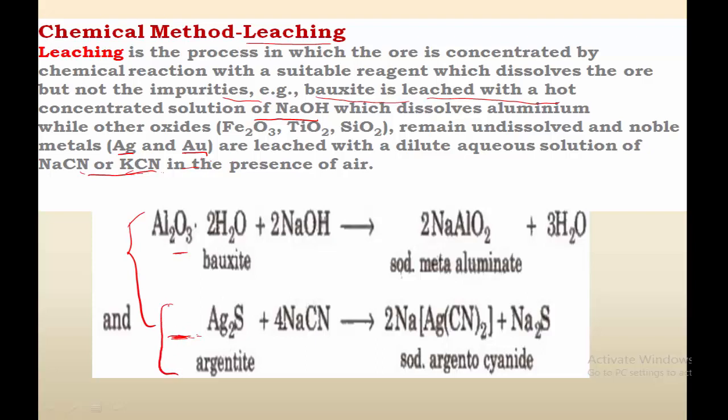The extraction of gold or silver from its ore is considered as cyanide process. And this leaching of alumina from bauxite ore is said to be Bayer's process. Okay, it is Bayer's process, and it is said to be cyanide process, or also it is known as MacArthur Forest process.